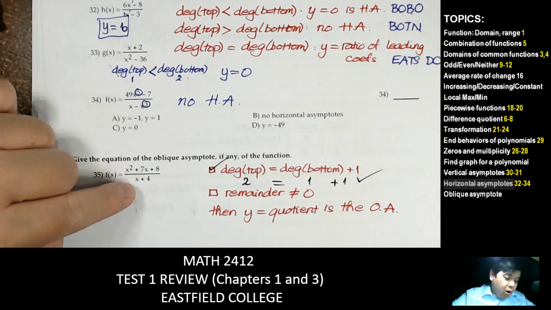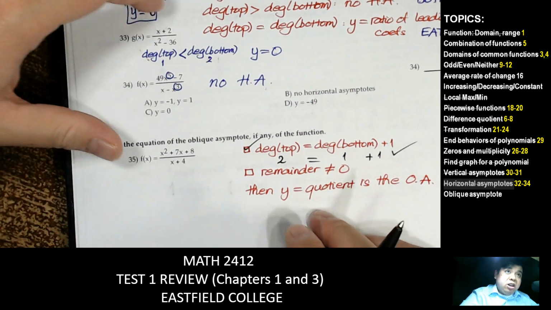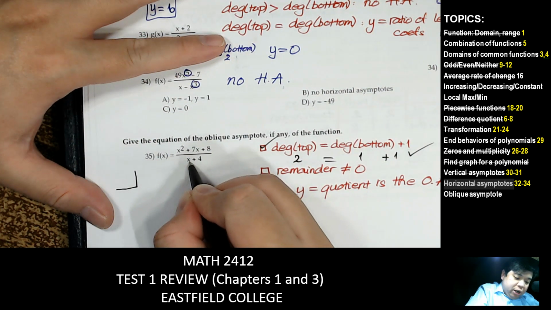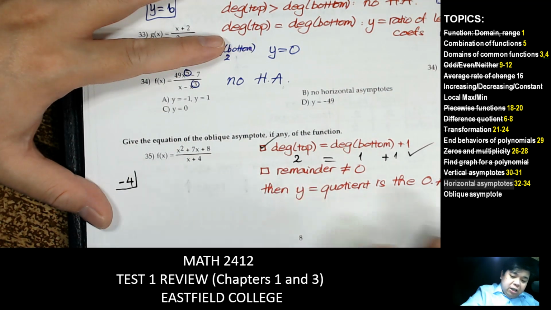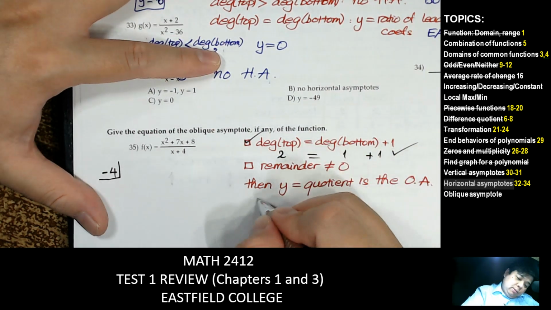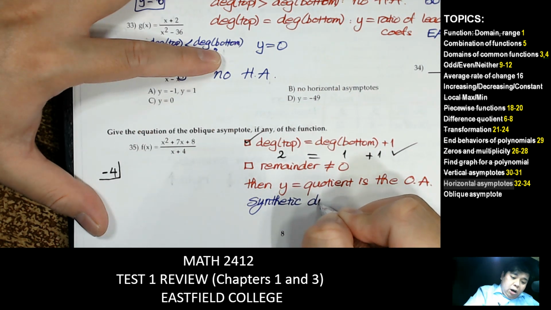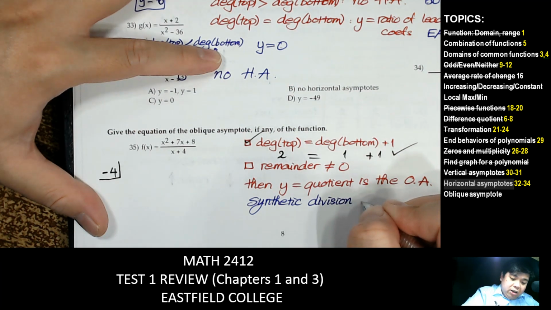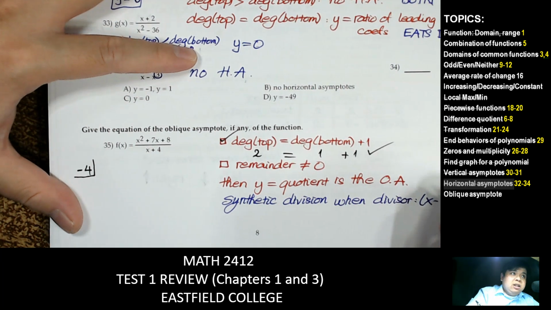Now we just need to divide to find the remainder. I use synthetic division. I put the negative of that number because when we do synthetic division, it's only when the divisor is in the form of x minus c.